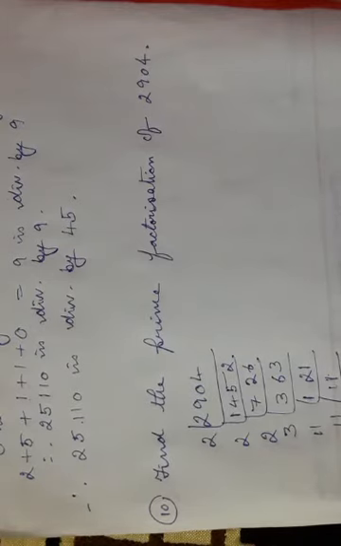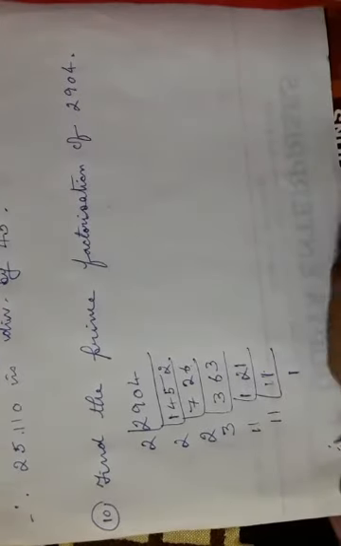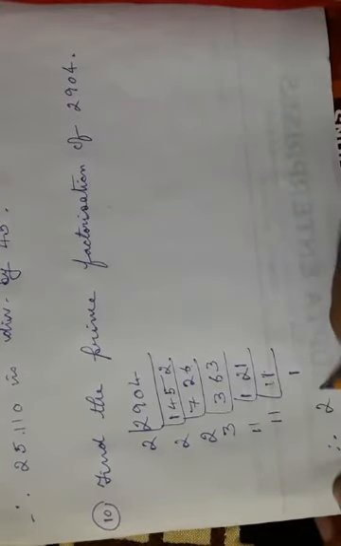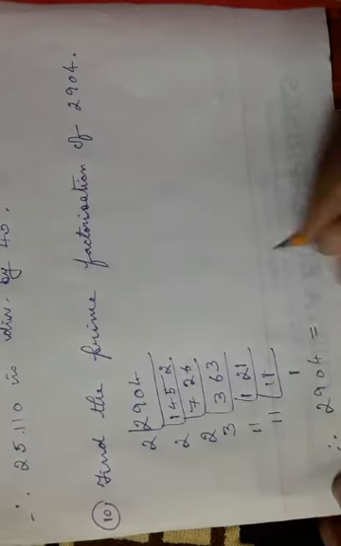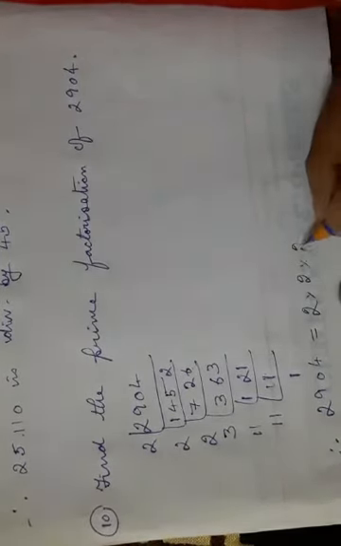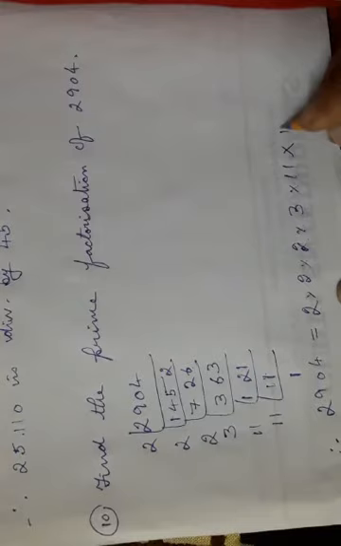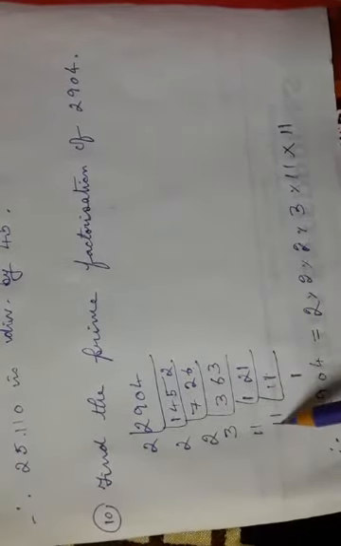So the prime factorization of 2904 is equal to 2 into 2 into 2 into 3 into 11 into 11. In this way, we have to find the prime factors. Prime factorization, all the numbers should be prime. Clear?